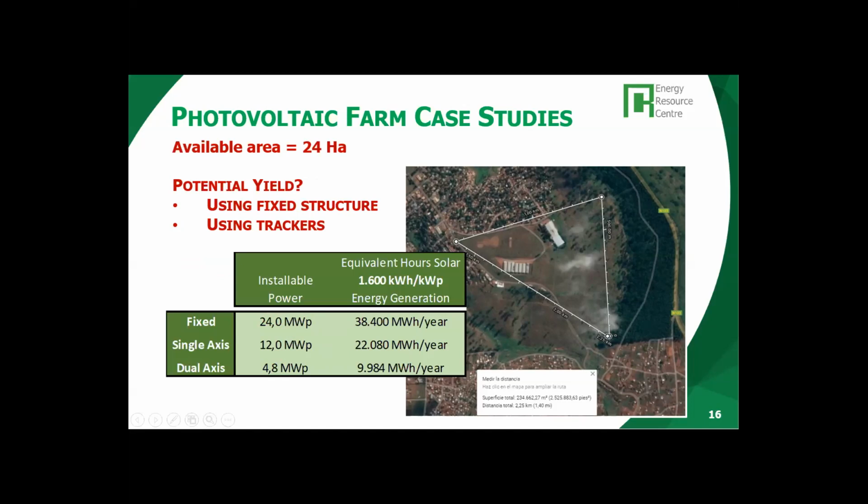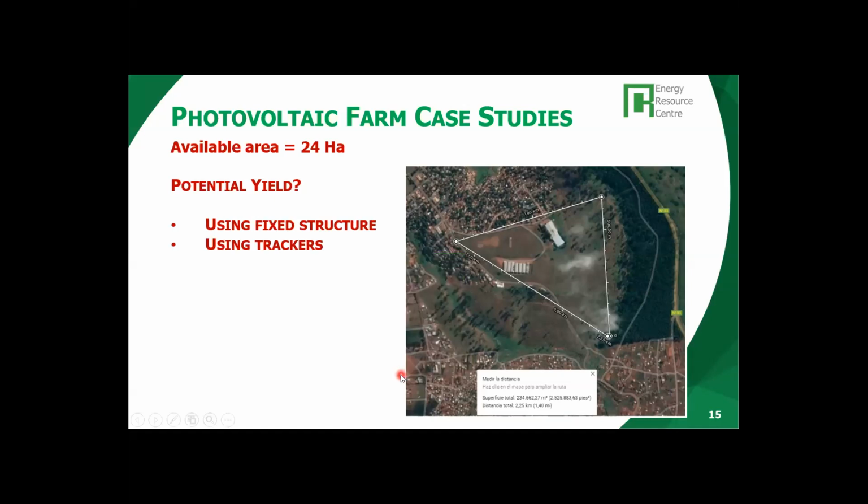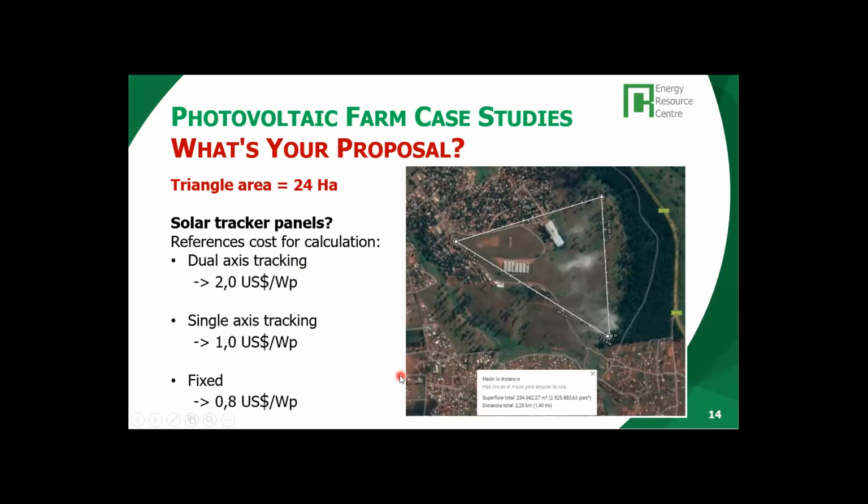Yes, please come in. I don't know if I'm correct, but I think it is simple. If we know the type, whether we're talking of fixed, single axis, or dual axis, we have a price for each megawatt according to the type. We just multiply.